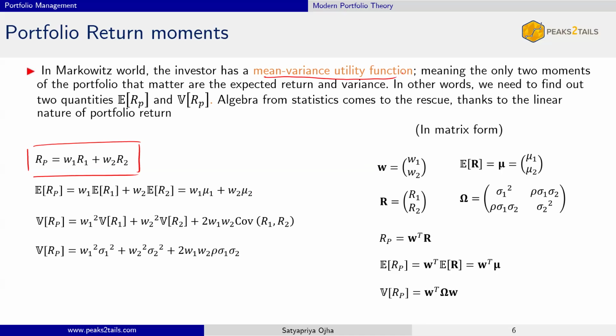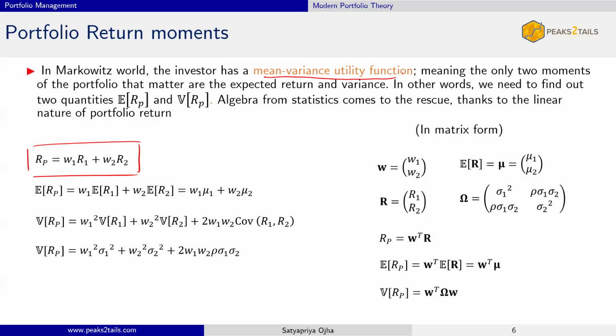The utility function means how do you measure the happiness of the investor? That is a function of only mean and variance. That's all that is needed to define the utility function of the investor. Okay. Exact form for the utility function, we'll talk about that later on, not today.